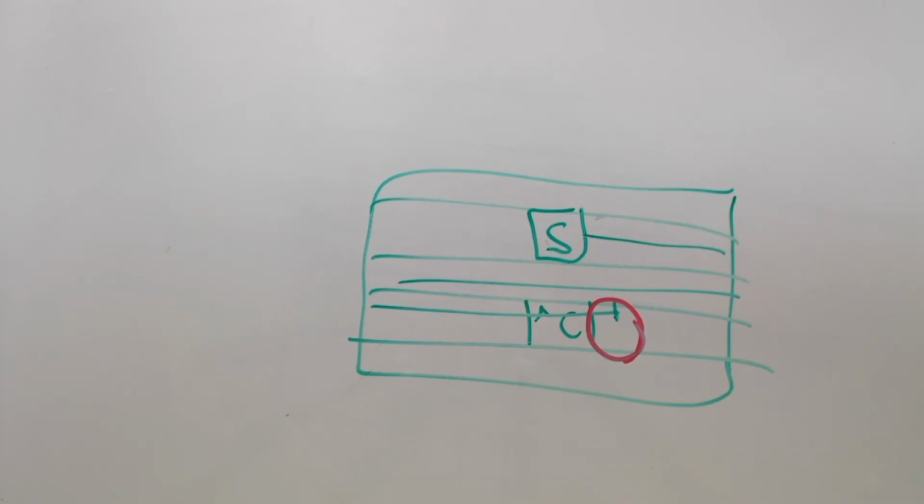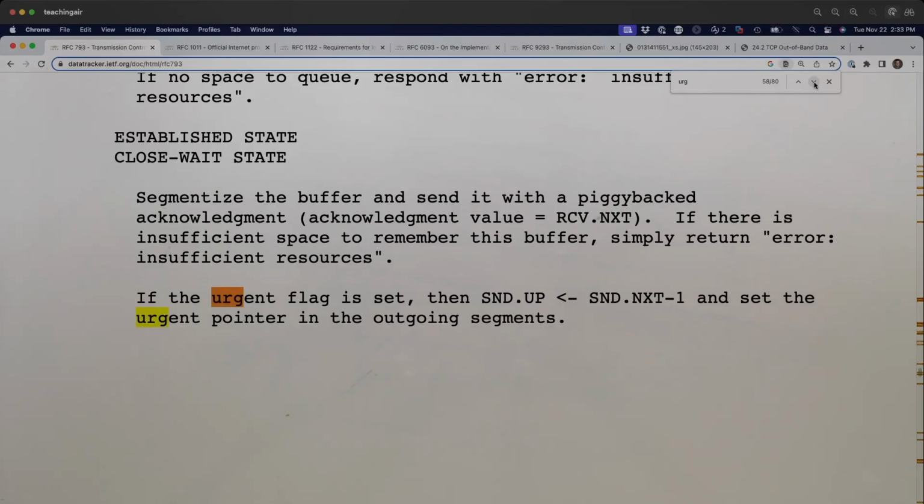Great. Well, let's actually dive a little bit deeper into the RFC. Okay, so here it says if the urgent flag is set, then send urgent pointer, that's SND.UP, where send next -1 and set the urgent pointer to that in the outgoing segment.